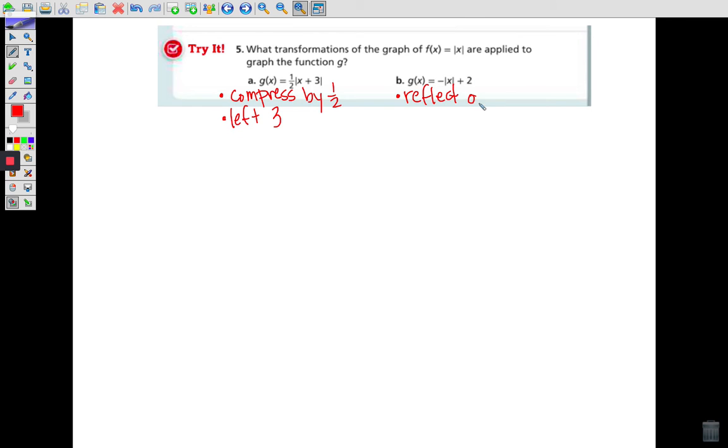Reflect over x-axis. And then the +2 on the outside of the absolute value bars tells me it's going to move which direction? Yep, up 2. If it had been on the inside is when it moves left. All right, everybody good with example number 5?